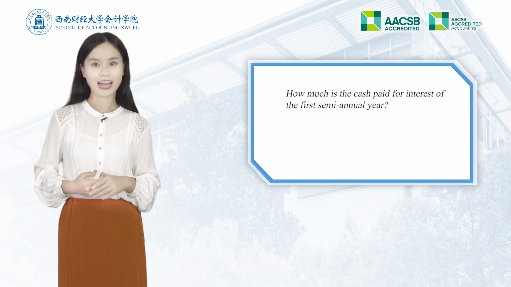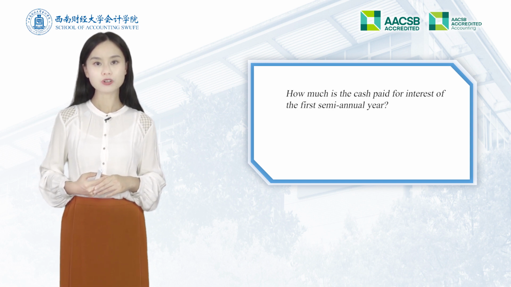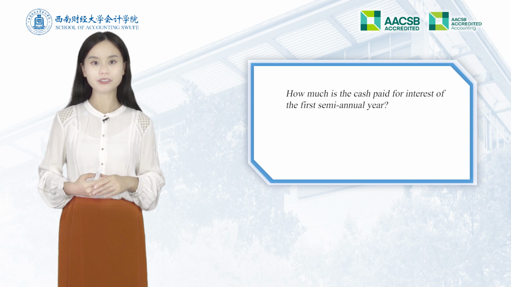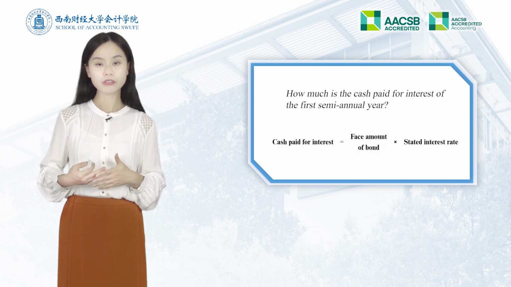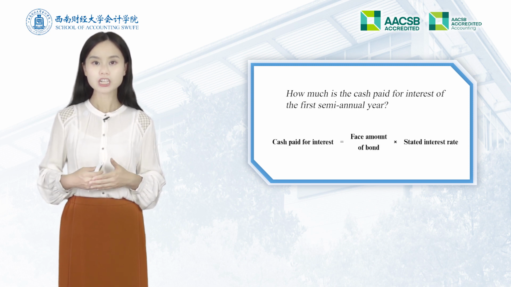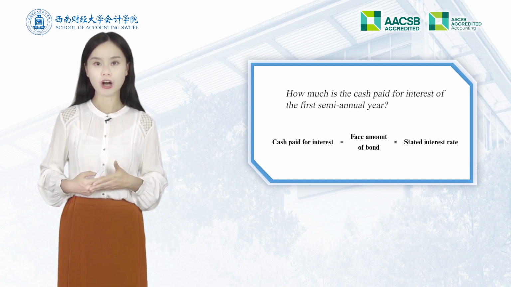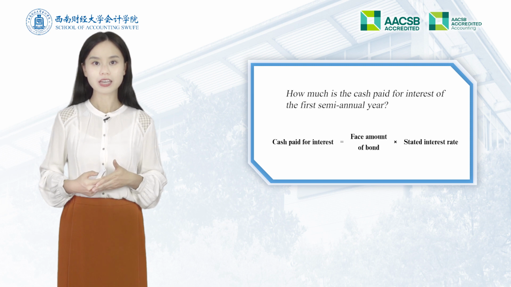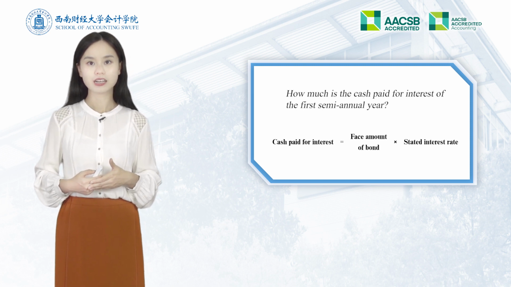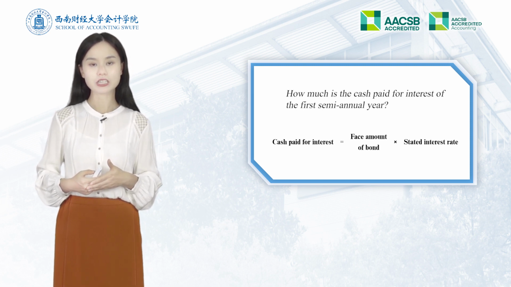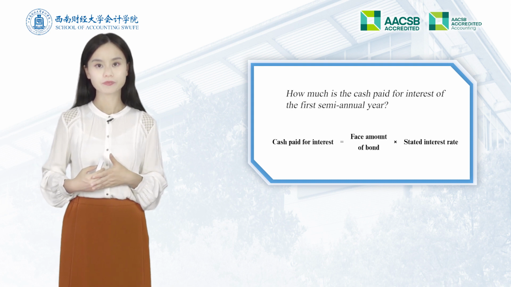How much is the cash paid for interest of the first semi-annual period? Recall what we learned in the prior reading. Cash paid for interest is equal to the face amount of bonds times stated interest rate. In our example, it is 50,000 yuan.